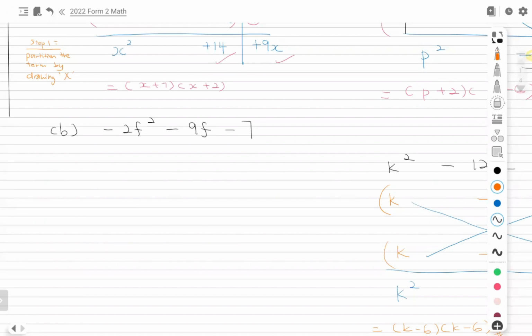How? You times each term by negative. So it will become 2f squared plus 9f plus 7. So you write there, mempositifkan. Whenever it's negative value, you cannot proceed, must make it positive. Then only we can proceed, like what we did just now.